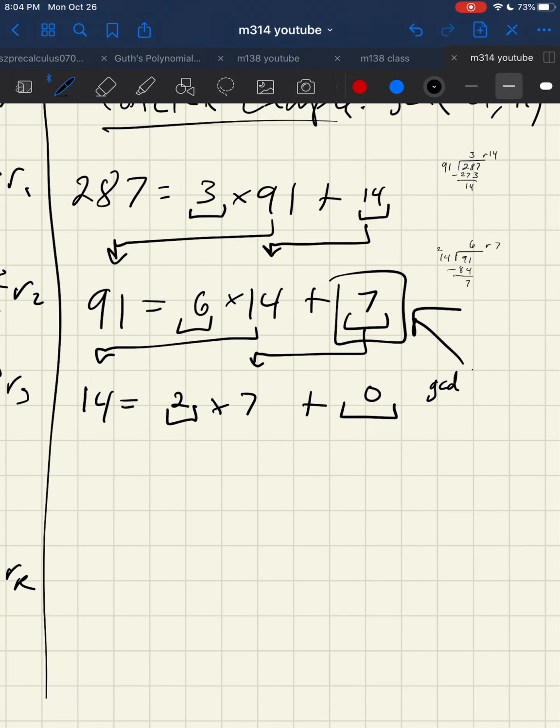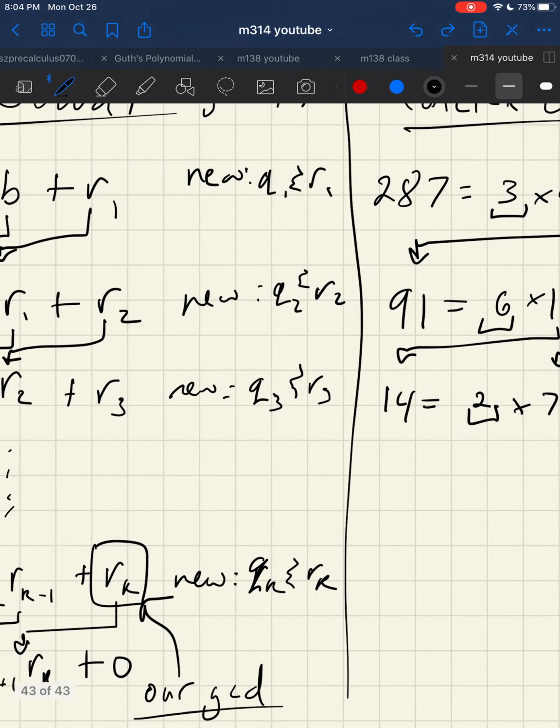So the GCD of 287 and 91 is equal to 7. That's because when I get to 0, it's the previous remainder. Some of you might say, when you get to 0, it's just the last number you wrote down. That's fine. I like to think of it this way because I like to think of it as whatever happened at stage k. So I recommend that you go through and do a bunch of examples of that if you can.